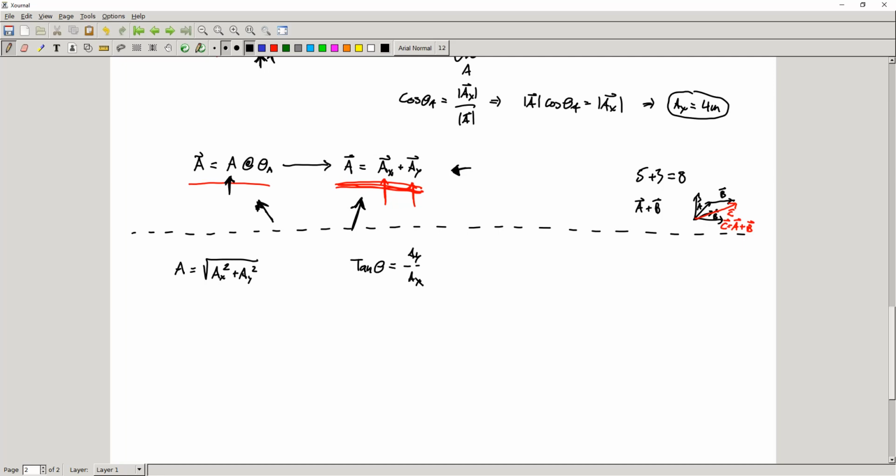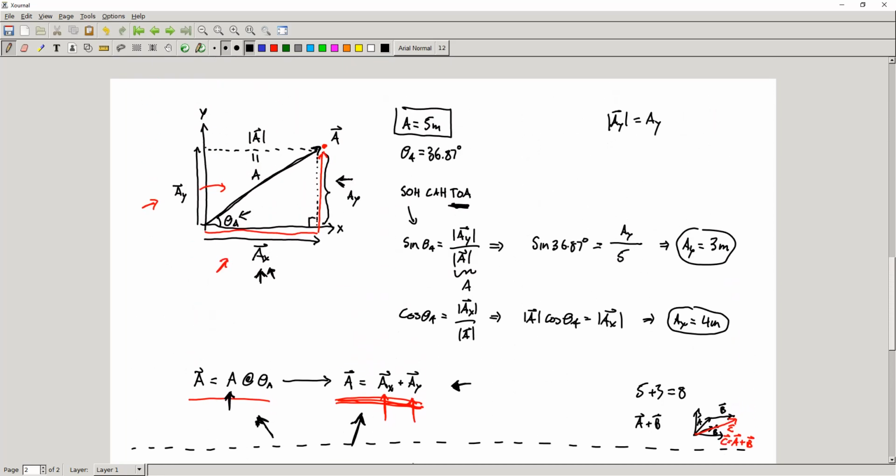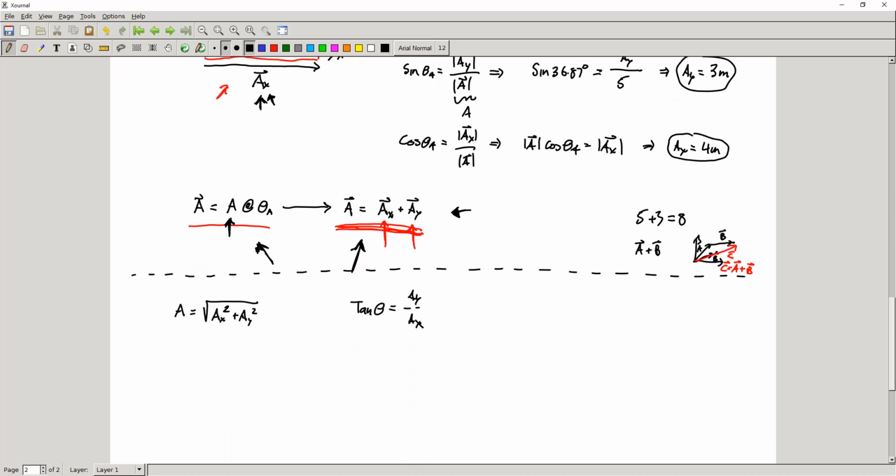There we go. Right, because we have opposite over adjacent, so ay over ax. If we rearrange that, we're going to find that our theta a is equal to tan to the minus 1 of ay over ax.